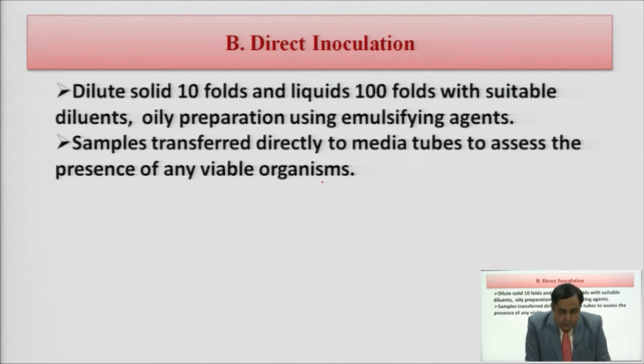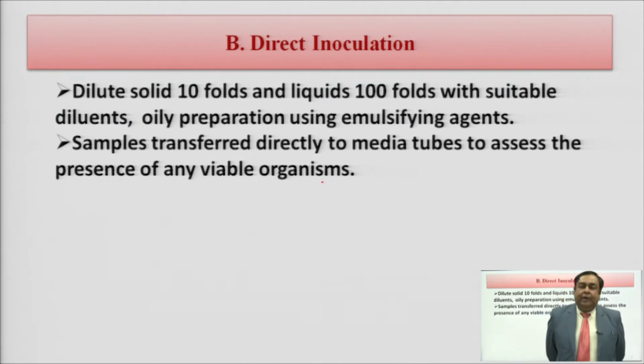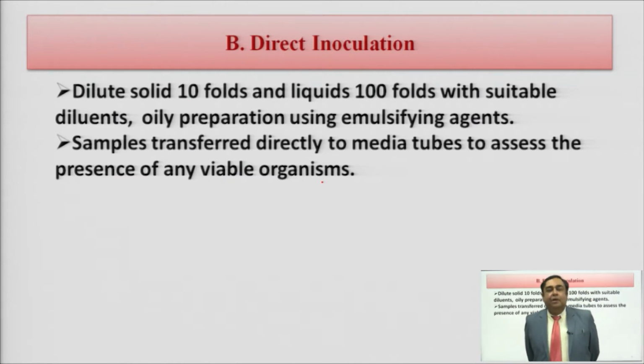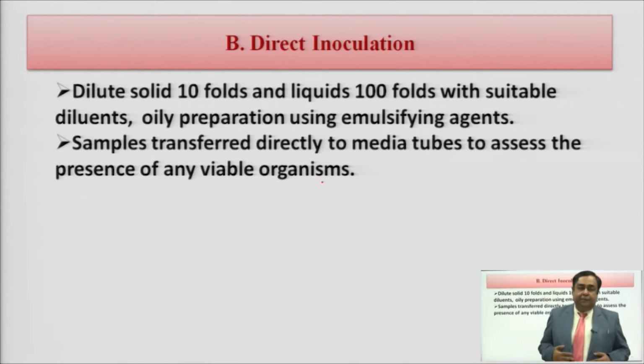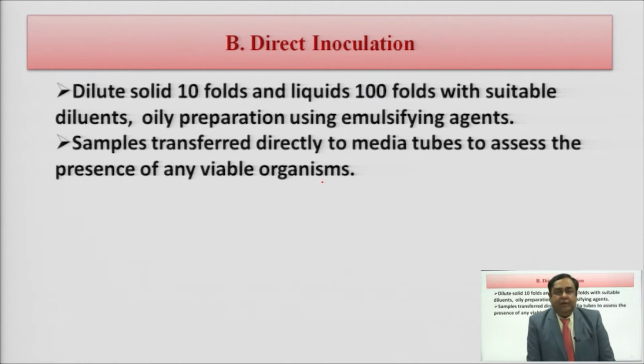Whenever we put it in the aerobic, anaerobic and fungal media as stated, if it creates turbidity, it means the substance which you are testing has not been properly sterilized.